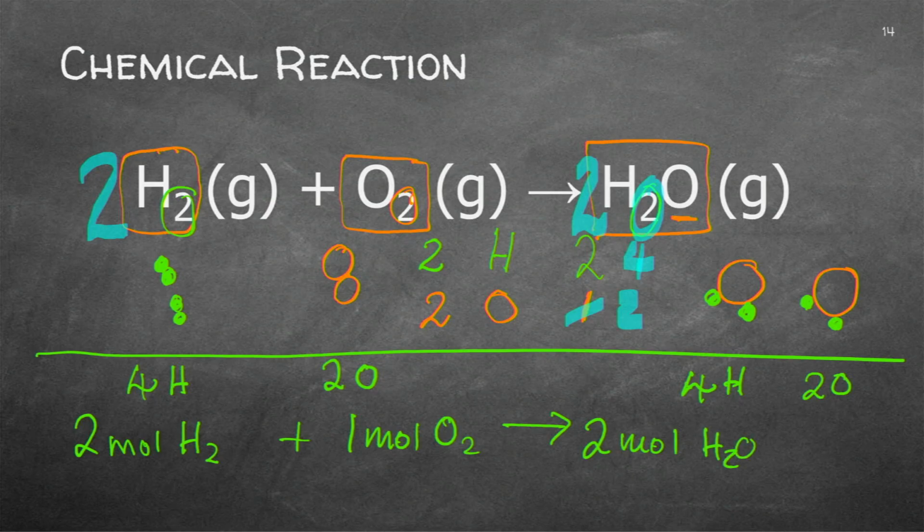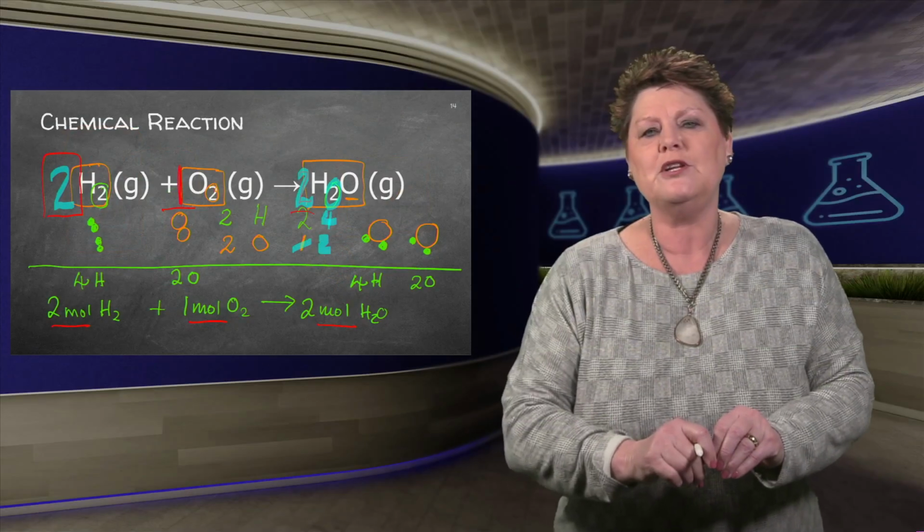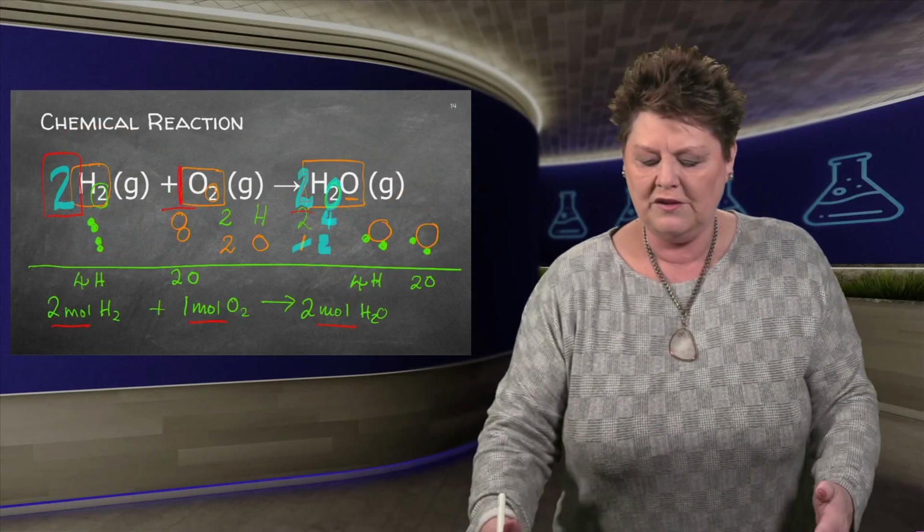So whenever you balance a chemical equation, that number in front there will signify, here's a 1, that will signify the mole. So be very careful. Balance your equation because then you can work with the mole.